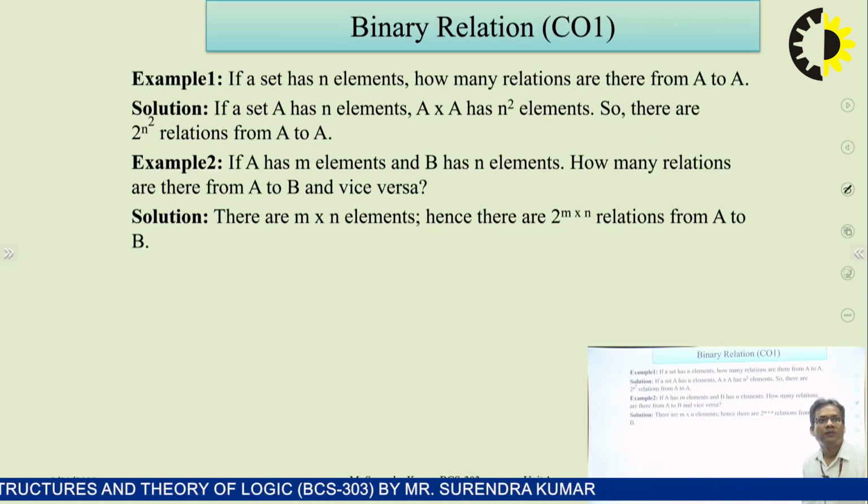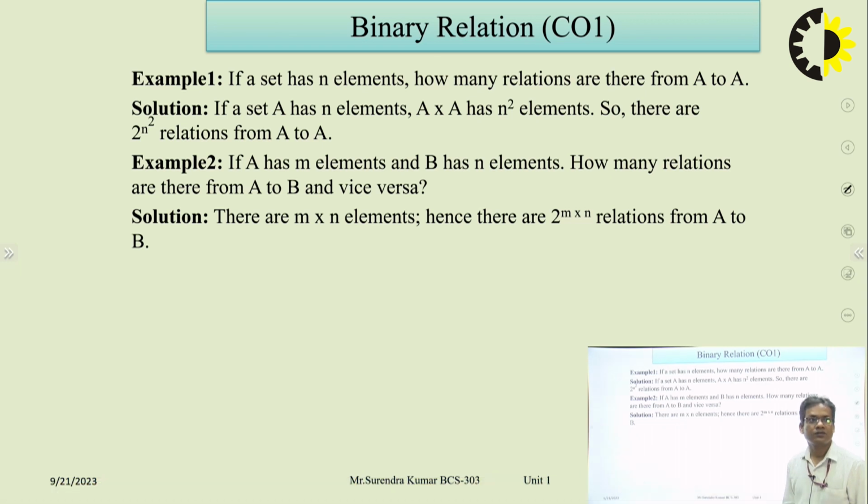Now a binary relation can have a different number of sets also, or ordered pairs also. So if a set has n elements, how many relations are there from A to A? Generally this kind of question arises many times. So how can you find the number of relations in a binary relation set?